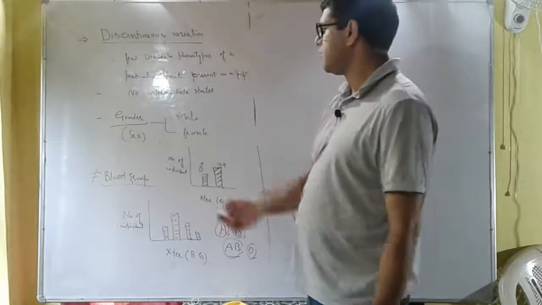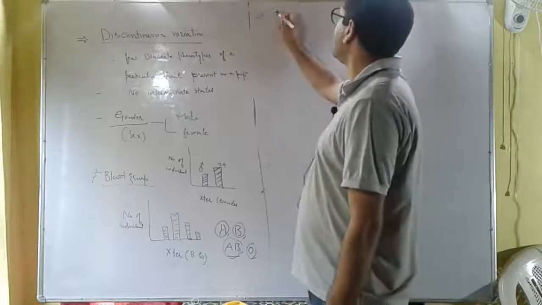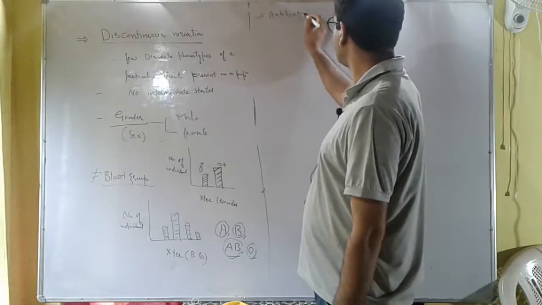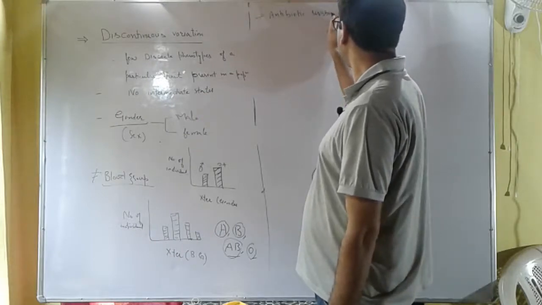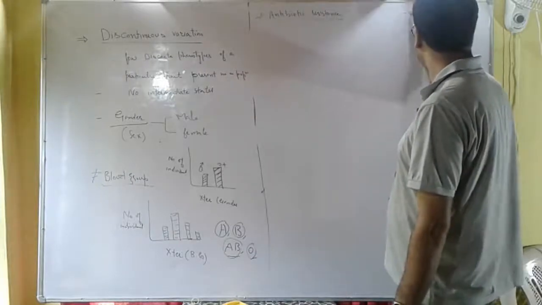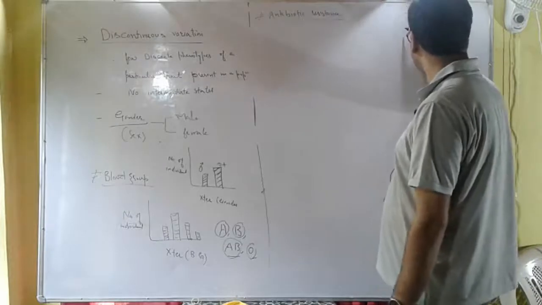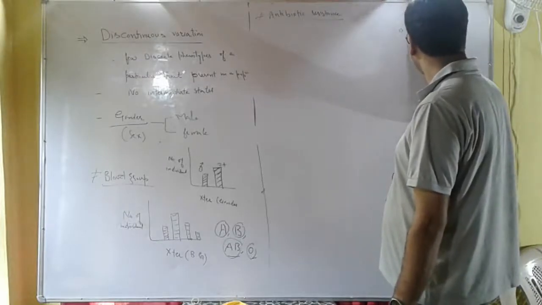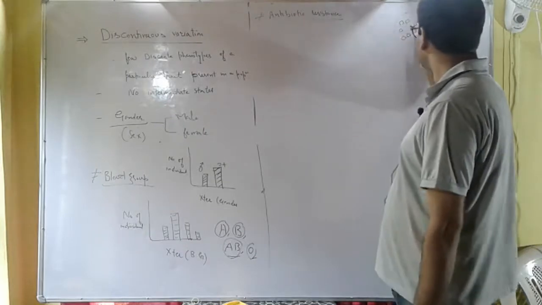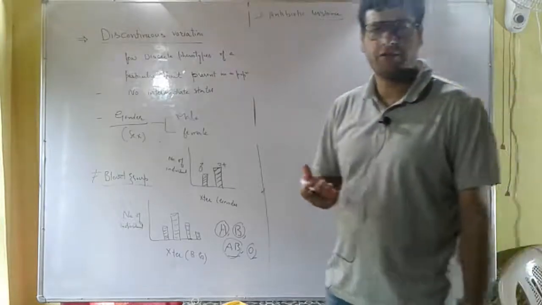We have other examples of discontinuous variation. For example, antibiotic resistance. Suppose there are 20 bacteria in a petri dish.